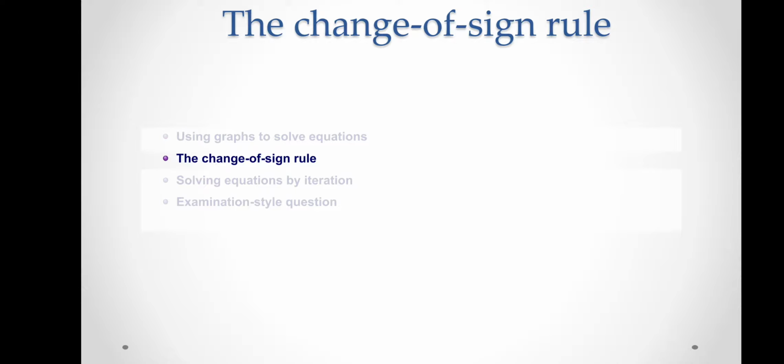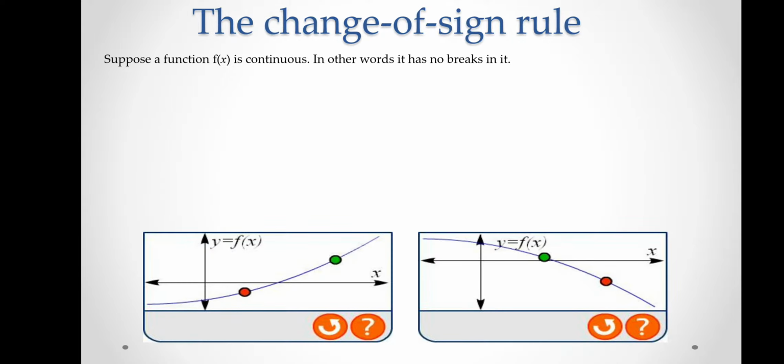Then we'll move to the change of sign rule. If a graph crosses the x-axis, then those points are the roots of the equation. So to find a root of the equation, the graph should cross the x-axis.